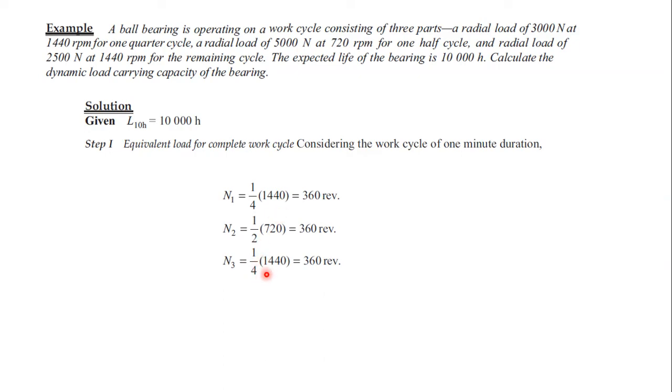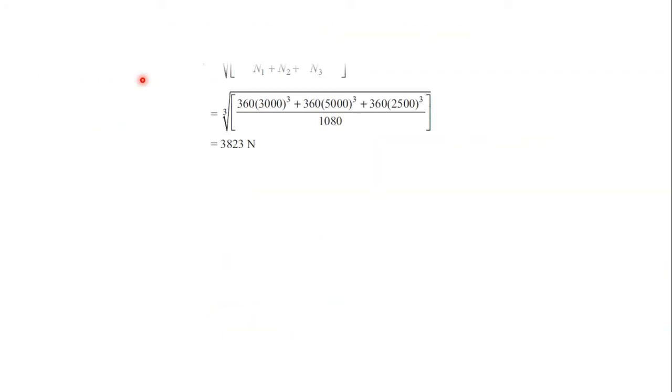So 1/4 of this rpm gives 360 revolutions, and the summation of these revolutions is 1080 rpm. Now we have n1, n2, n3, and we have p1, p2, p3. From that we can calculate the equivalent dynamic load from this equation. Simply substitute the values.